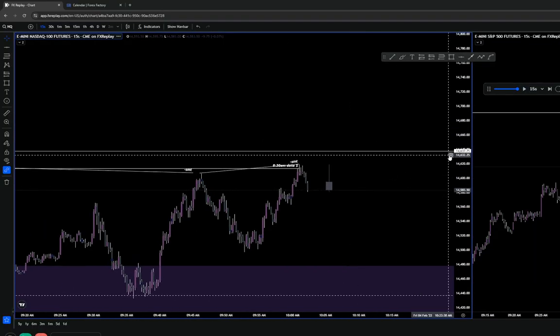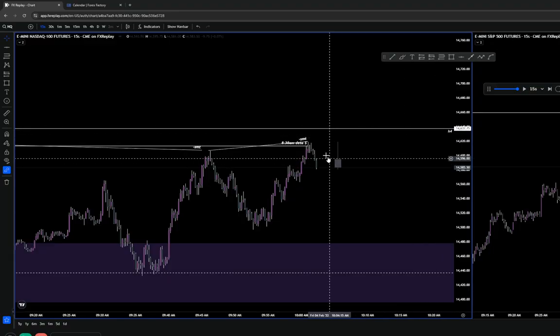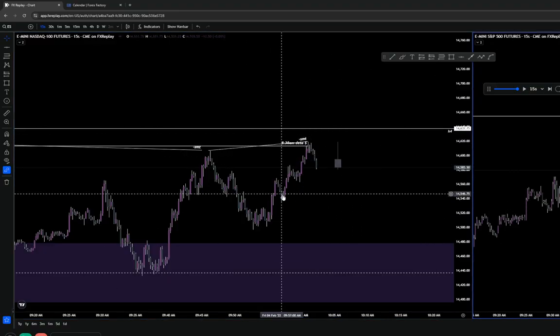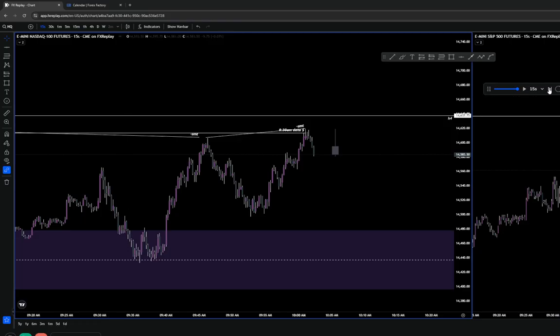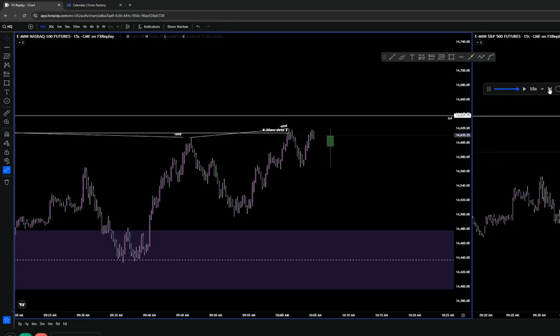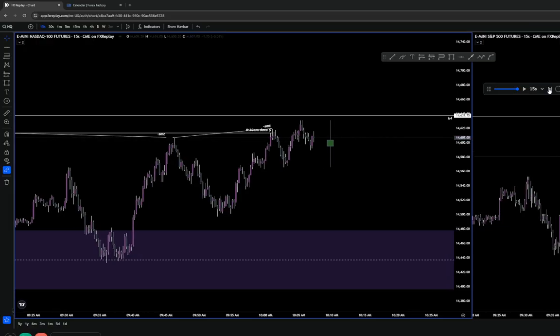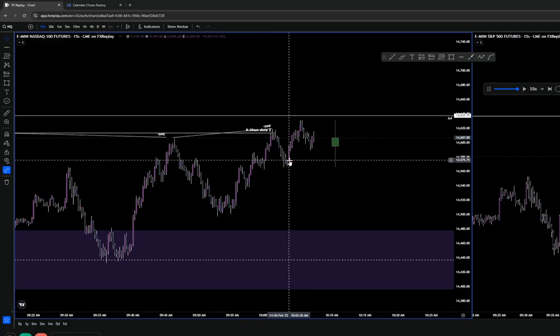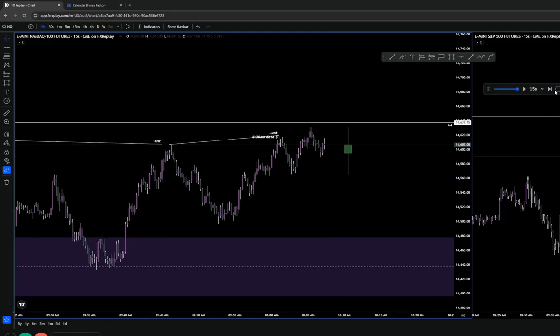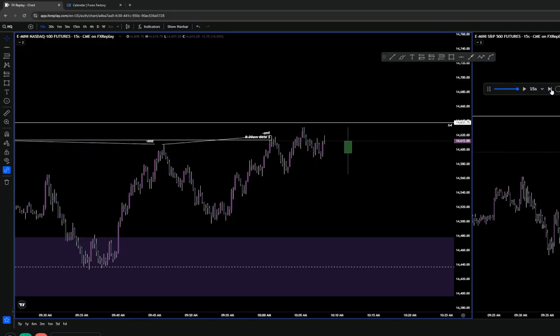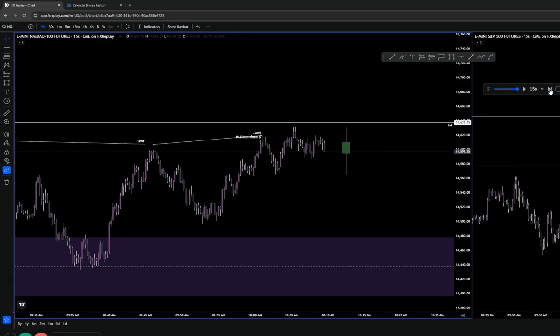My drawn liquidity here is this 4 hour above, but I do want to see us dump for longs back up. So let's see if we can dump. And let's see. Low-key might have missed my entry.